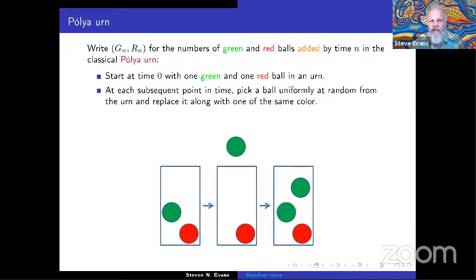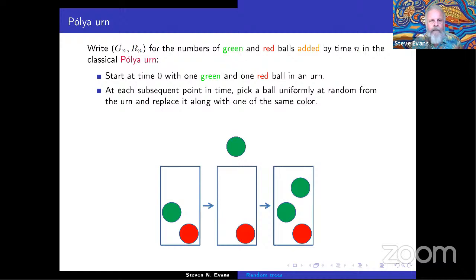So here is a realization of a possible first step of the dynamics of the urn, where we picked the green ball and replaced it with another green ball.